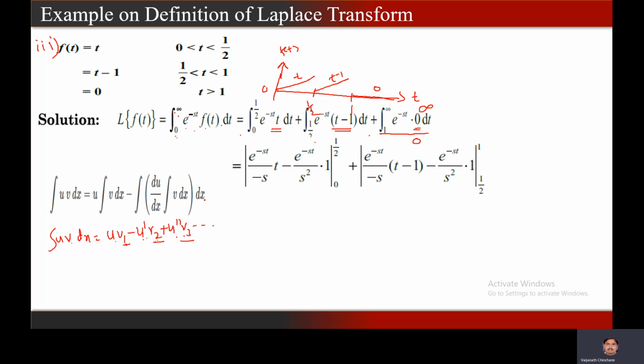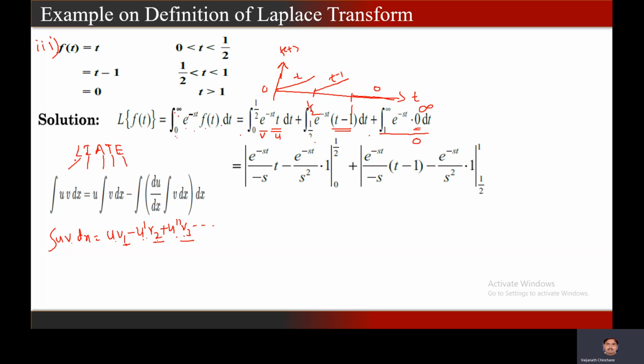So using this formula, u is t and this is v, also using the LIATE rule. Which function do we take first as u? Using the LIATE rule: L logarithmic, I inverse, A algebraic, T trigonometric and E exponential. If there is a logarithmic function, we take it first, then inverse, and so on.